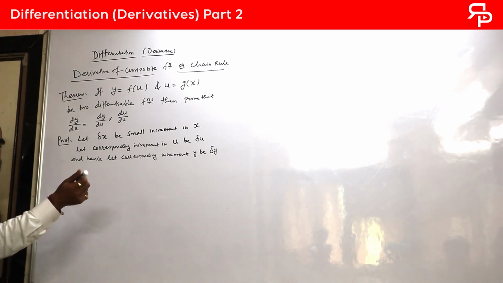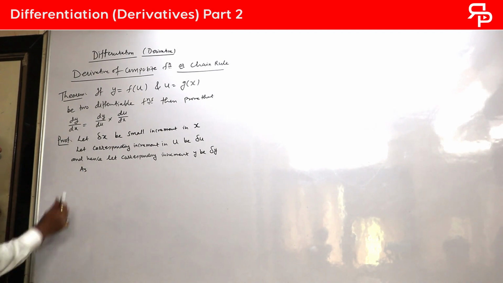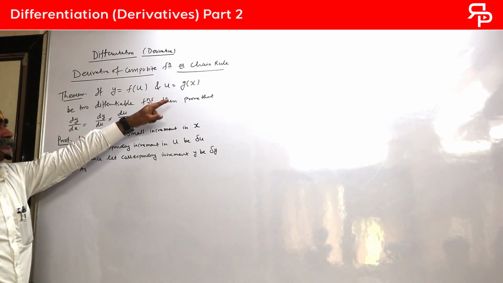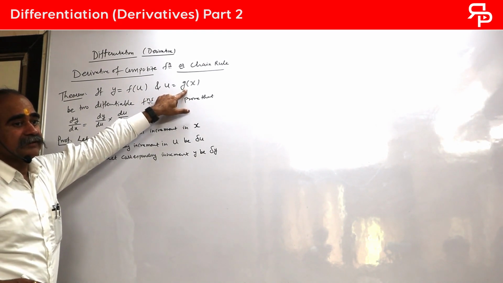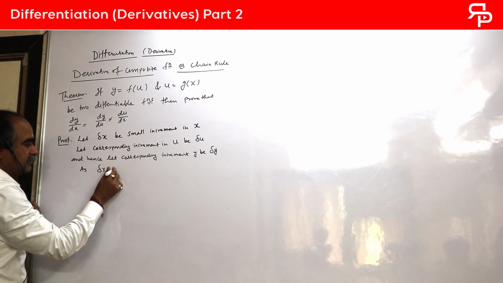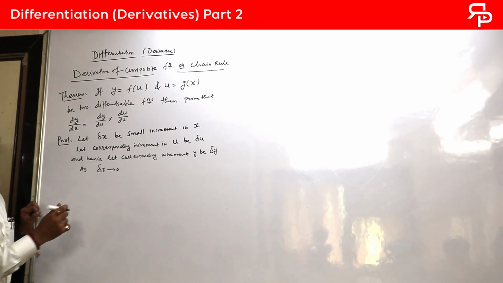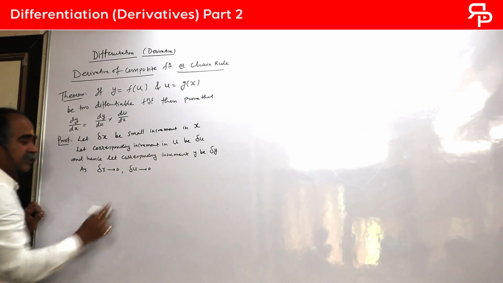What will happen when there is no increment in x? If there is no increment in x, no increment in u. Very good. So as delta x tends to 0, delta u also tends to 0.